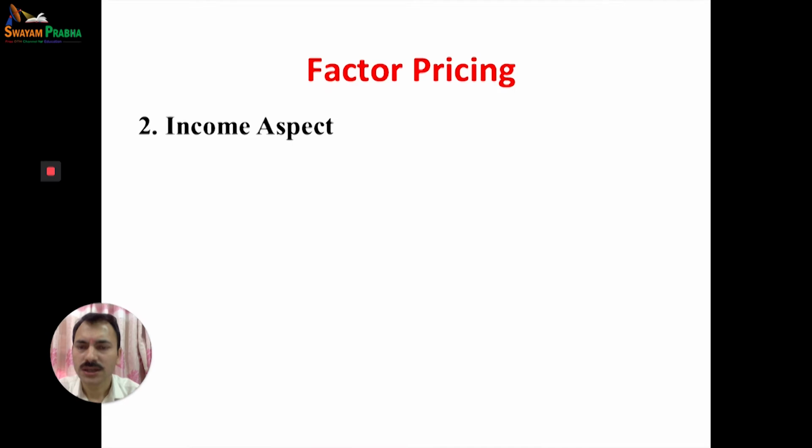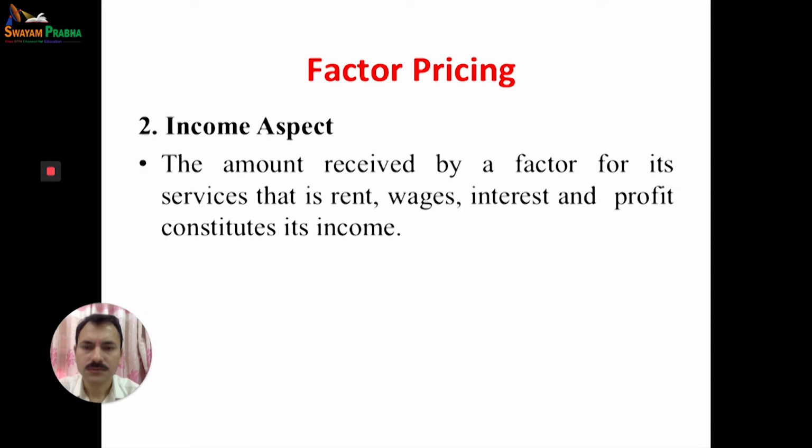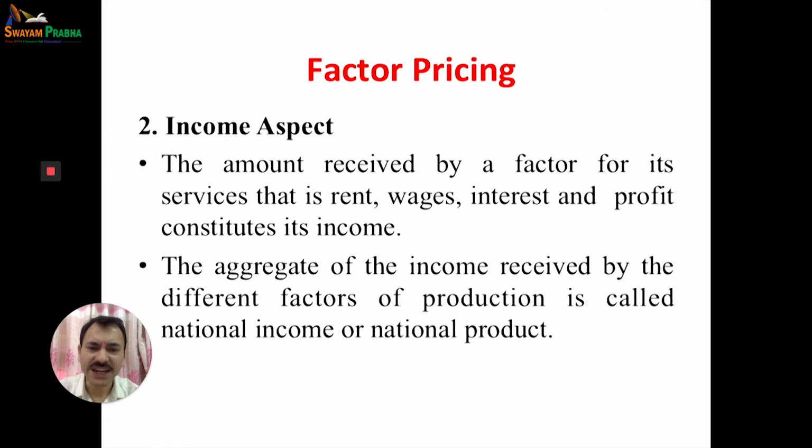Whereas the income aspect, the amount received by a factor for its services, that is rent, wages, interest, and profit, constitutes its income. The aggregate of income received by the different factors of production is called national income or national product. I have already stated, rent plus wages plus interest plus profit is equal to the national income.